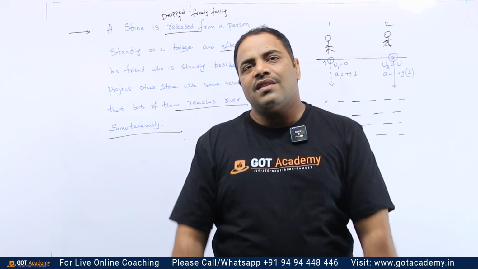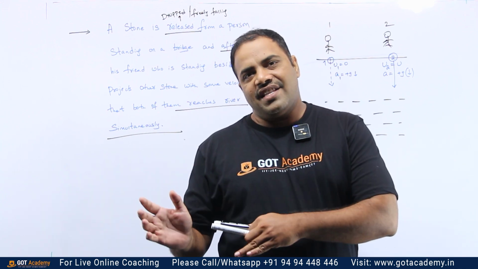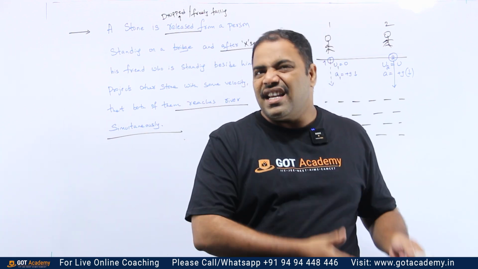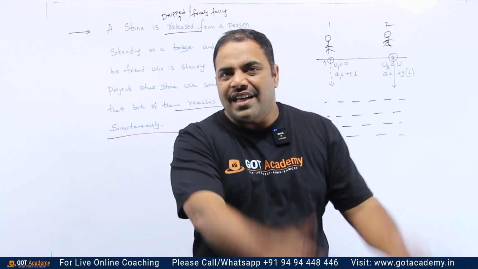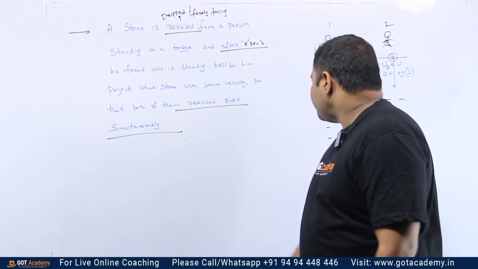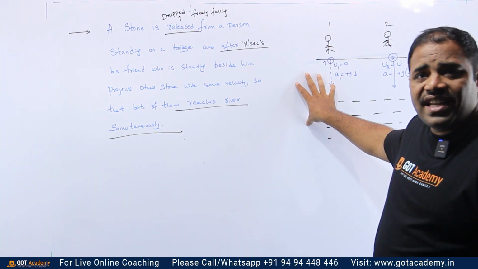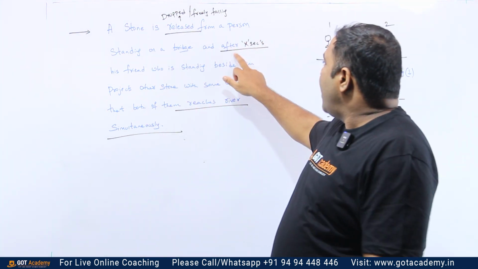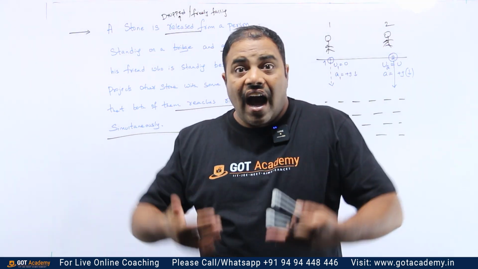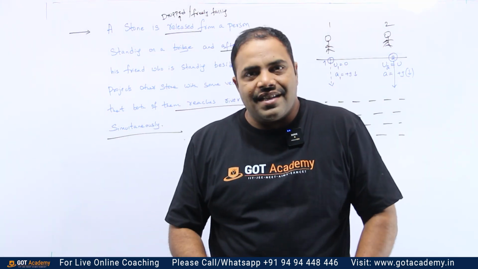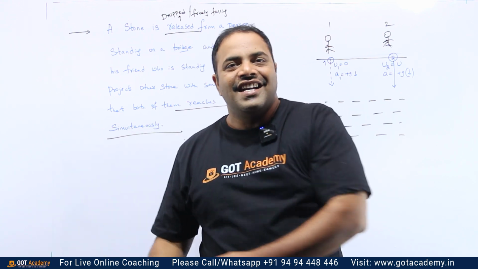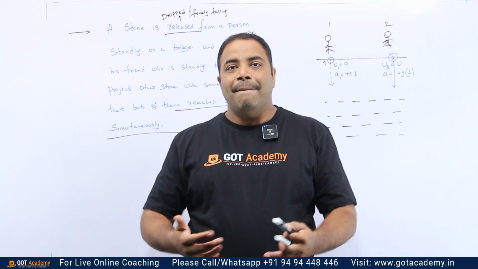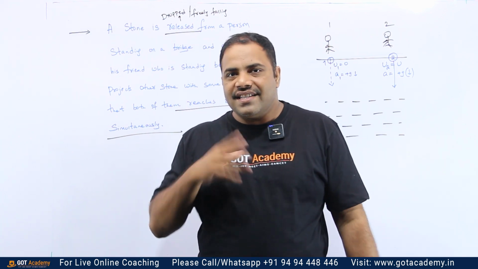So the first one is taking more time and the second one is taking less time. How much less? If the first one takes t seconds, then the second one has to take t minus x, because it is less time now.